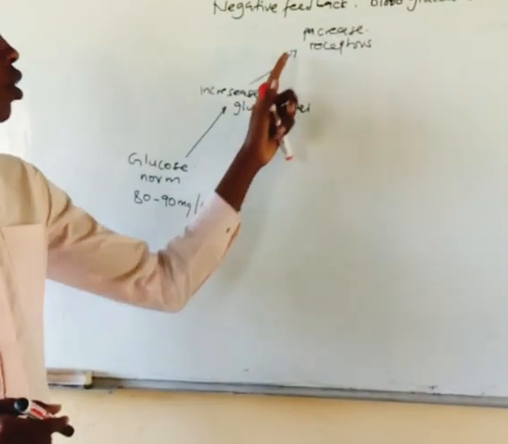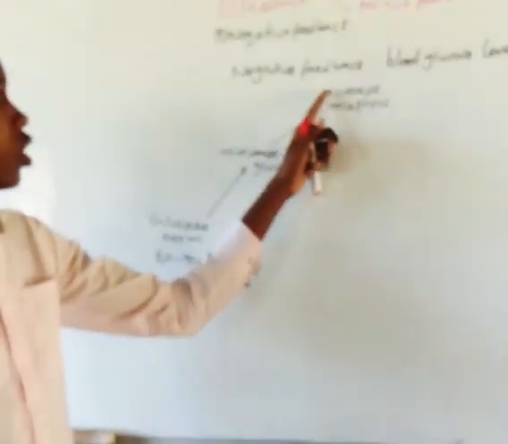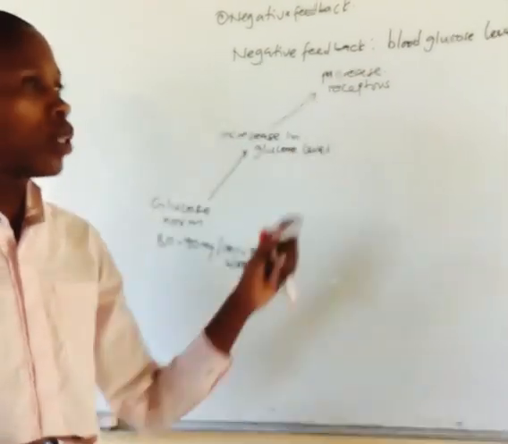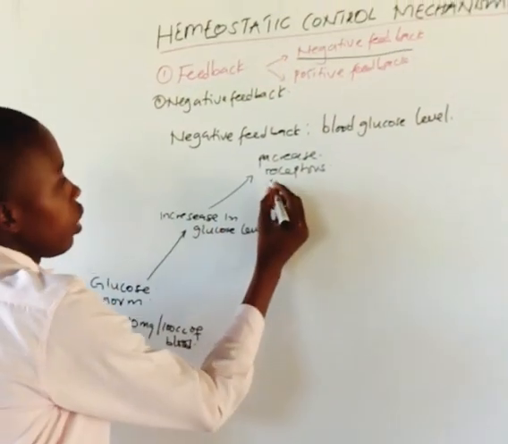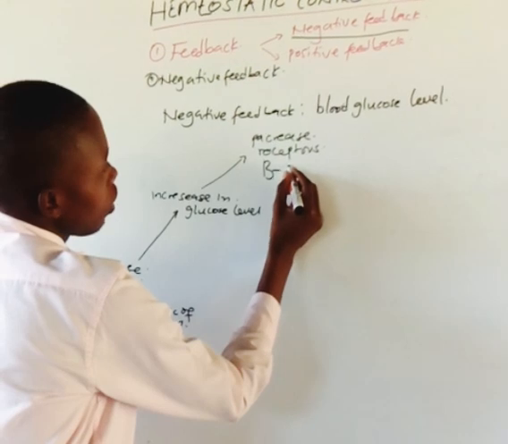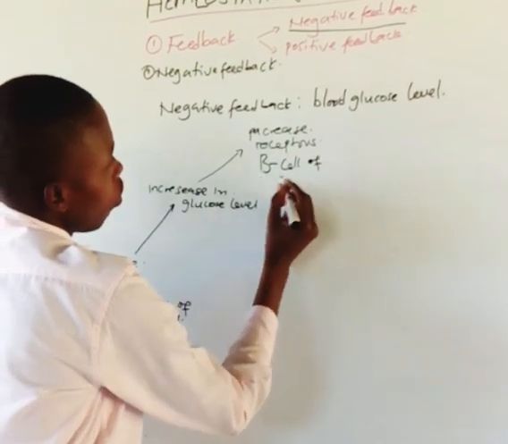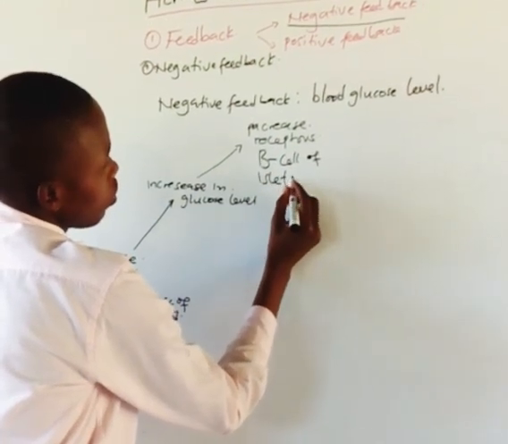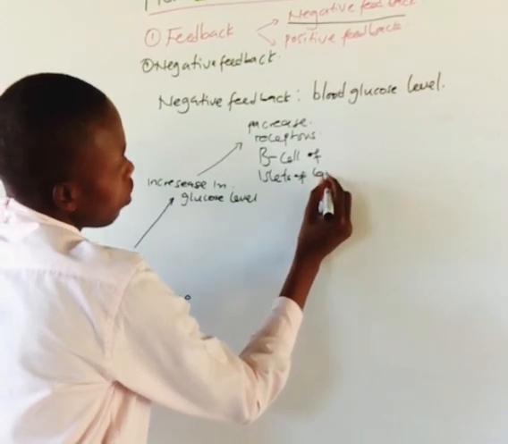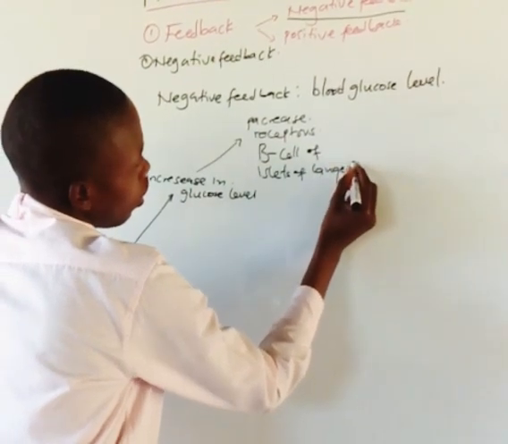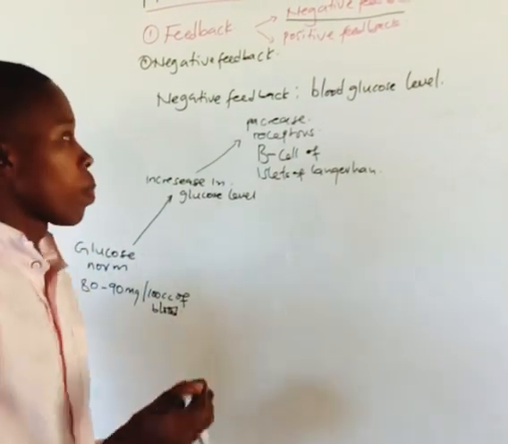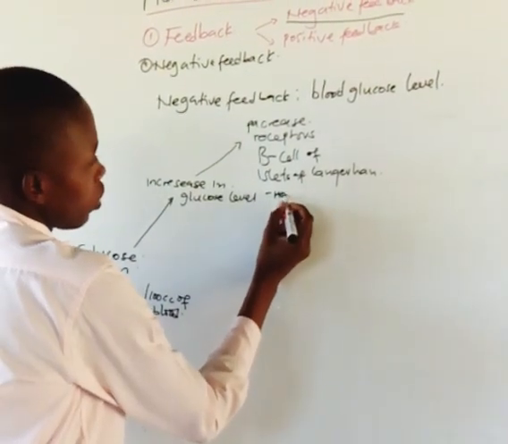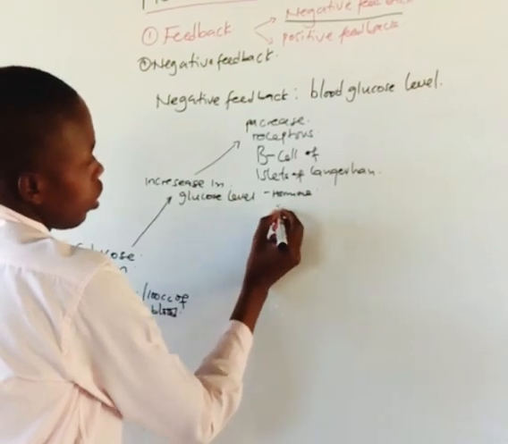When blood glucose level increases, it is detected by the pancreas receptors, and this causes the beta cells of the islets of Langerhans to secrete a hormone, insulin.